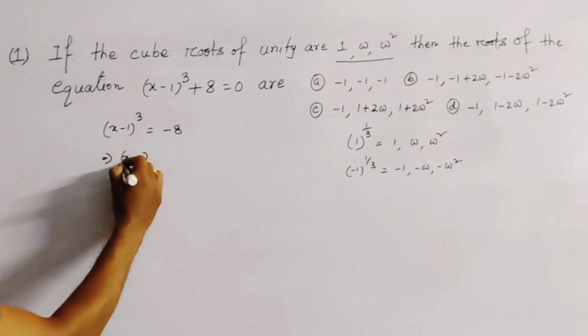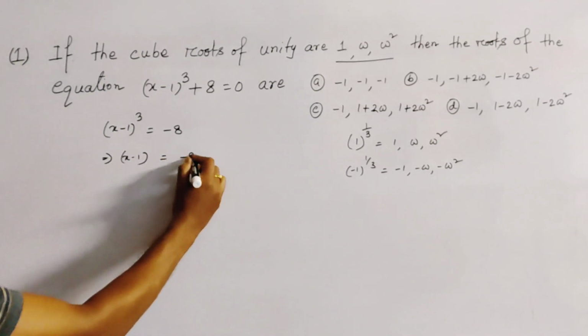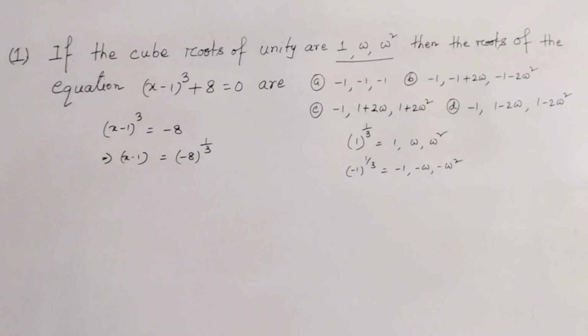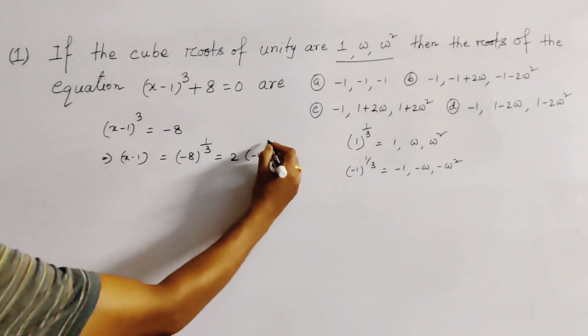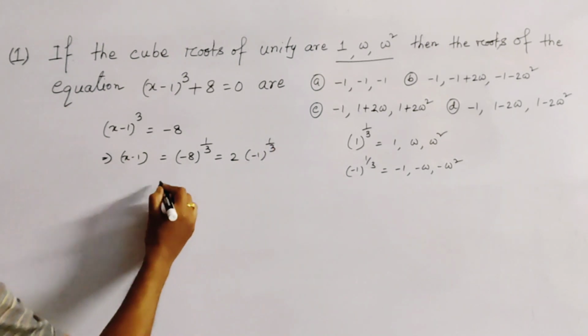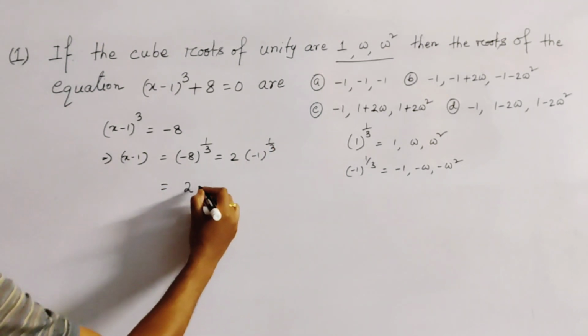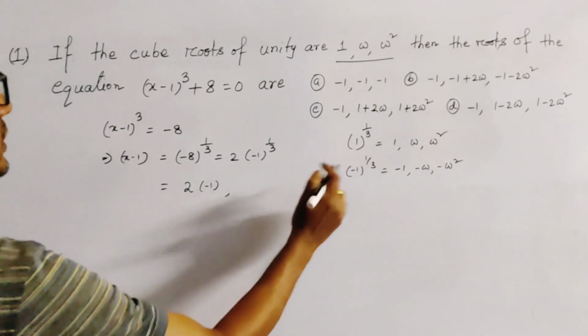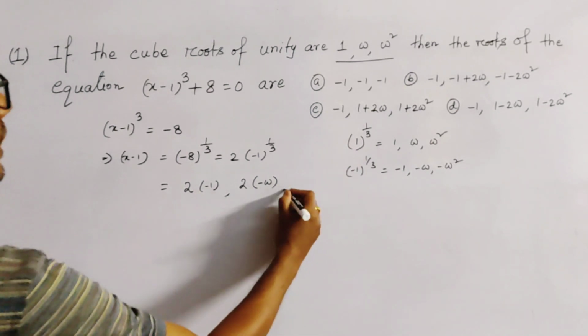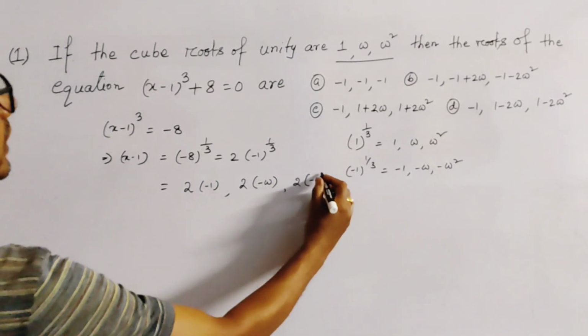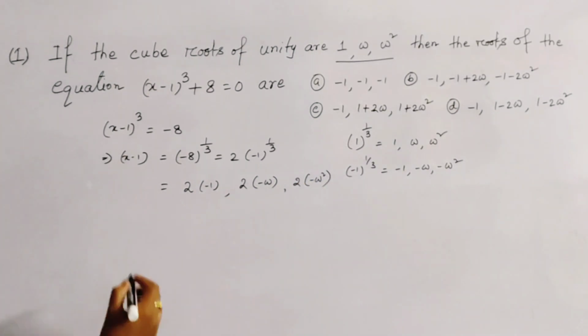So x minus 1 equals (minus 8) whole to the power 1/3, and this is 2 into (minus 1) whole to the power 1/3. So this is 2 into minus 1, the first one, 2 into minus omega, the second one, and 2 into minus omega square, the third one.